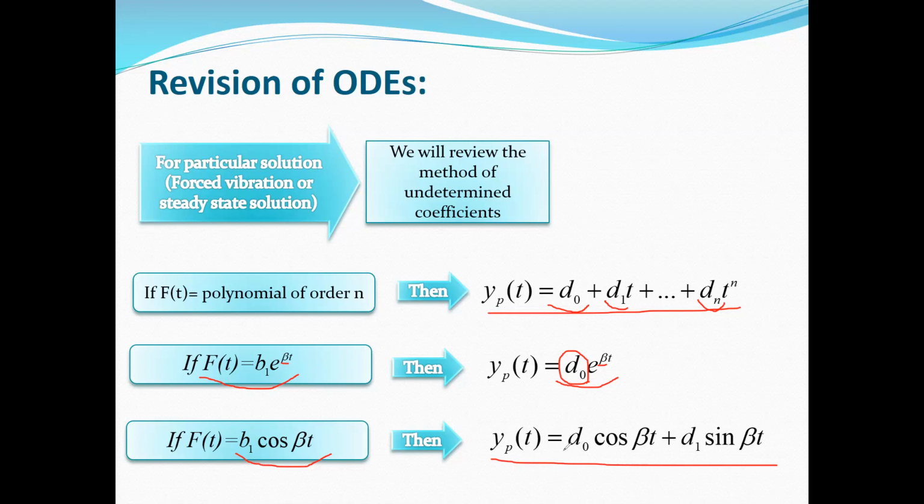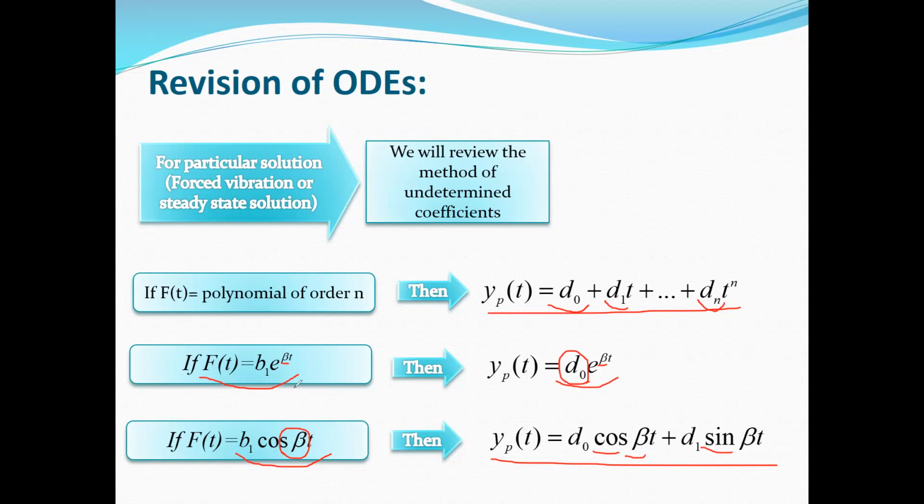It is equal to d0 times cosine beta t, where beta is the frequency in your non-homogeneous term, plus d1 times sine beta t. As you can see, the particular solution includes both cosine and sine functions, despite the fact that in the non-homogeneous term we only have a cosine function.